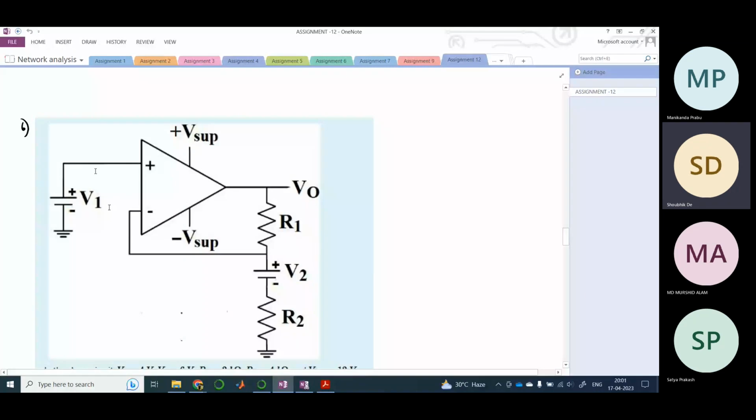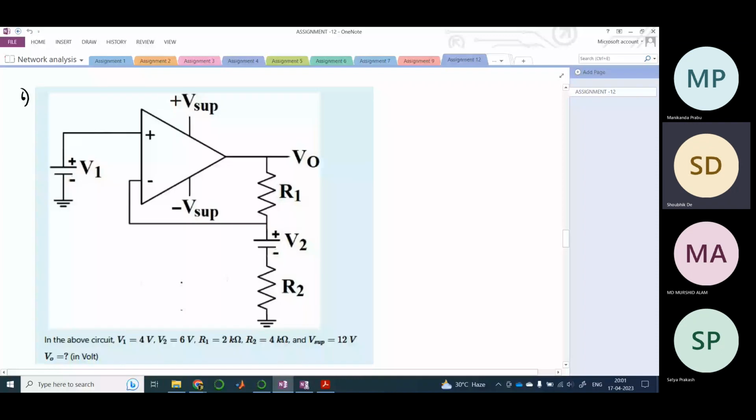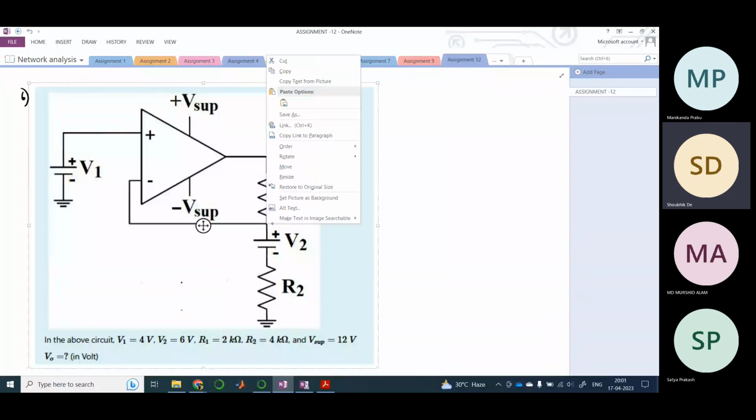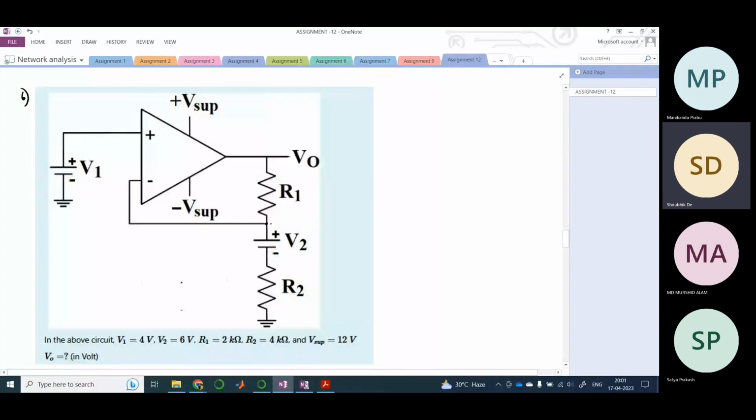Since this is an ideal op amp, the potential at the inverting and non-inverting terminals would be the same. So the potential at this point, if I call it node A, VA would be equal to V1.